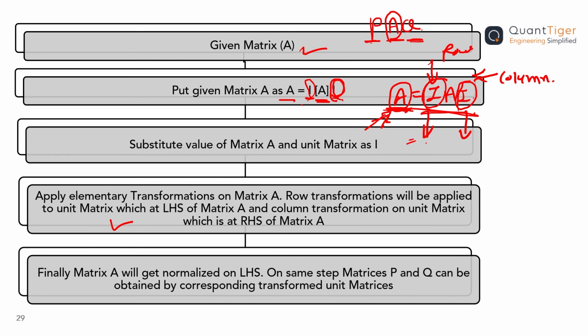So whenever at the step, यहाँ पे इसलिए मैंने final step यहाँ पे लिखी है, finally matrix A will get normalized on LHS left hand side पे, and on the same step matrices P and Q can be obtained. क्योंकि corresponding जो identity matrix हमने ले ली है, same time they will also get changed into some singular matrix, and those are nothing but the P and Q matrices.